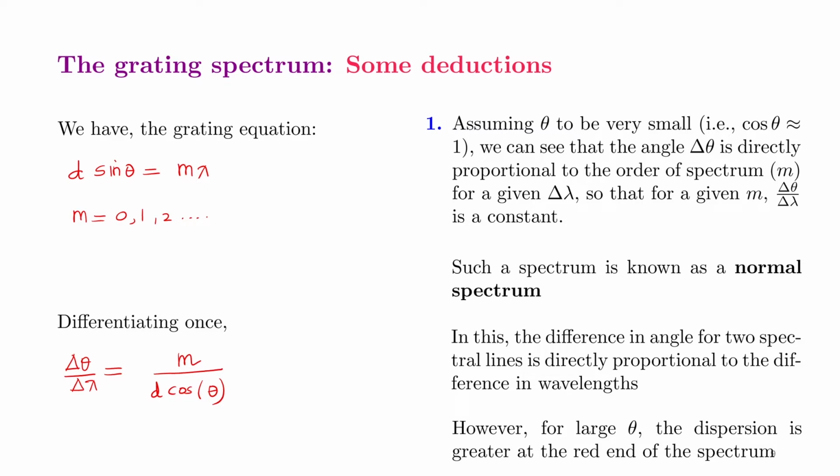Such a spectrum is known as a normal spectrum. In this case, the difference in angle for two spectral lines is directly proportional to the difference in wavelengths. However, for large theta, the dispersion is greater at the red end of the spectrum.